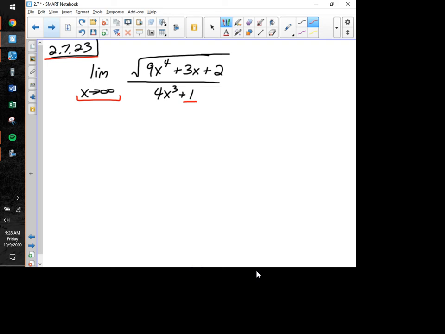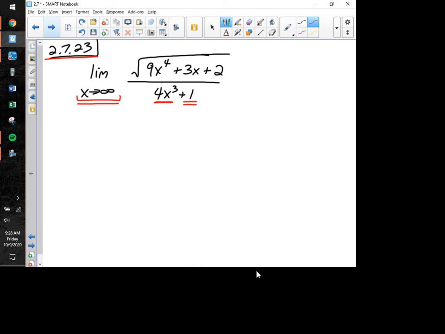Well, that plus 1 is really significant when the value of x is small. But as the value of x approaches infinity and gets into the thousands and the millions and the billions, the impact overall of that plus 1 on the function really becomes less and less important.